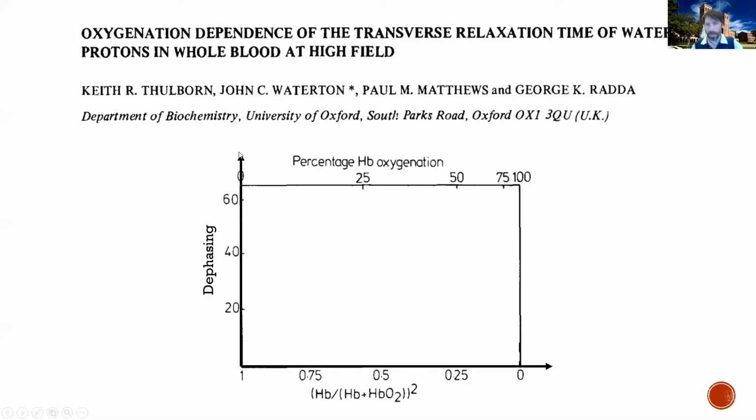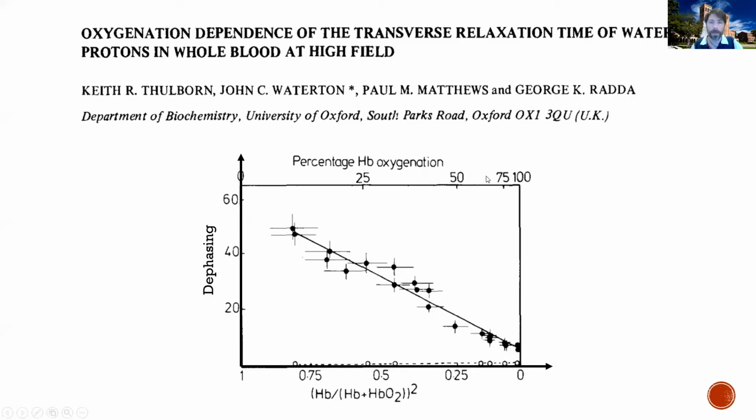So if you look at this graph, you're going to see that the relationship says that the greater the oxygenation, towards the right of this axis, the slower protons dephase. So this is the highest oxygenation. This is 100% oxygenation. Protons take a lot of time to dephase.